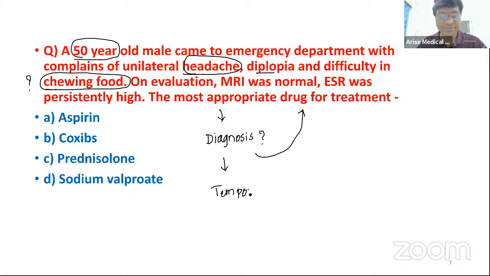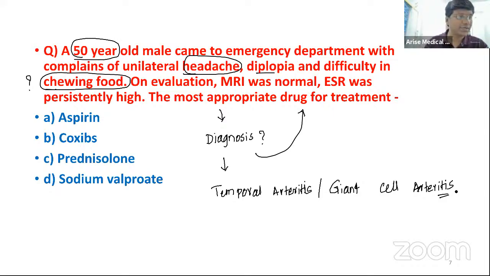temporal arteritis. The other name of temporal arteritis is giant cell arteritis. Right, it is also called giant cell arteritis, or temporal arteritis. All right, now what is the point in favor of temporal arteritis?